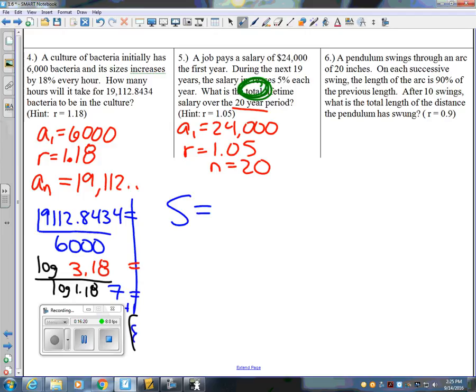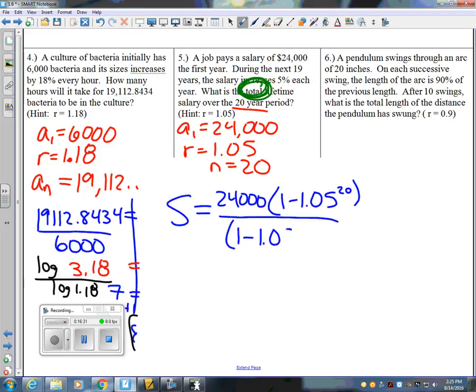What goes in for A1? 1 minus 1.05 to the 20th over 1 minus 1.05. Do not say the answer out loud. I want every single person to type this one in because we're having some calculator issues.